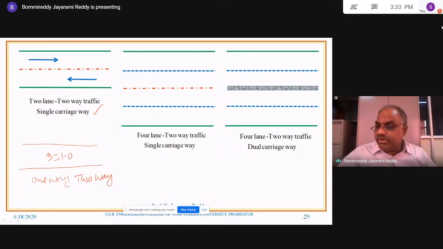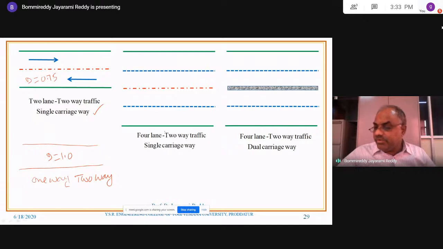But in case of two-lane, two-way traffic, what is going to happen? Some vehicles are moving in one direction, some in the other direction. Sometimes these vehicles may cross in that way. So in this situation, the lane distribution factor is considered as 0.75.